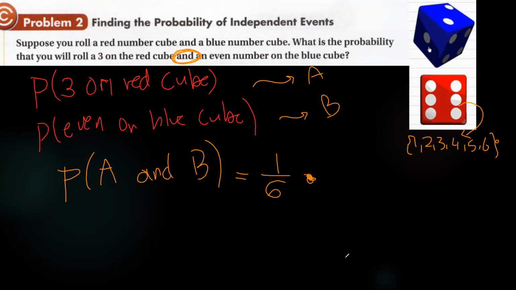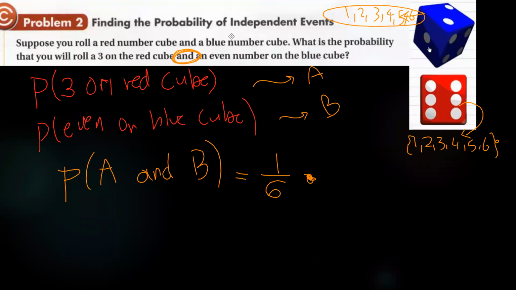Then the probability of B. Where is event B? B means I have to see how many numbers are even here. I will go now to the blue number cube. How many numbers are even here? What are the even numbers from 1 to 6? 2, 4, 6. So how many numbers?